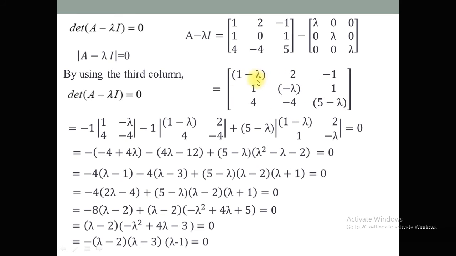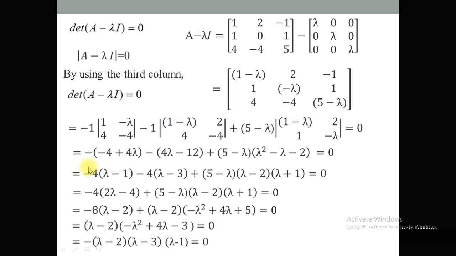Now expanding this determinant with respect to the third column, minus 1 into the determinant of 1 minus lambda, 4, minus 4, minus 1 into the determinant of 1, minus lambda, 2, 4, minus 2, plus 5 minus lambda into the determinant of 1 minus lambda, 2, 1, minus lambda, is equal to 0. And now after simplification we obtain minus 1 into minus 4 plus 4 lambda, minus 1 into minus 4 lambda, minus 12, plus 5 minus lambda into lambda squared minus lambda minus 2 is equal to 0.